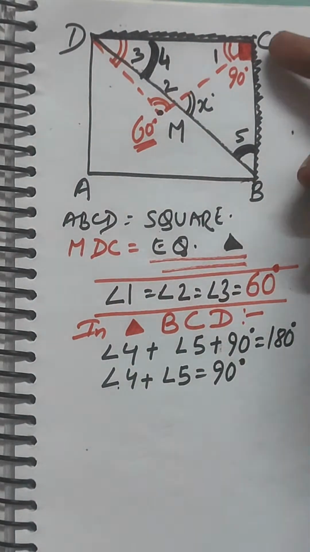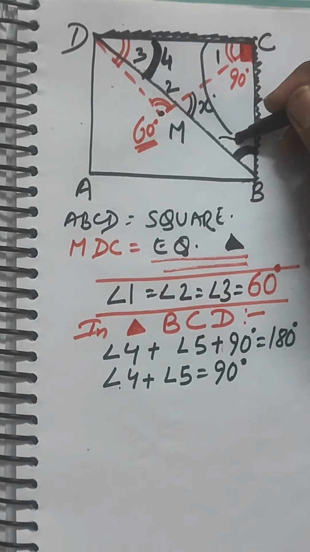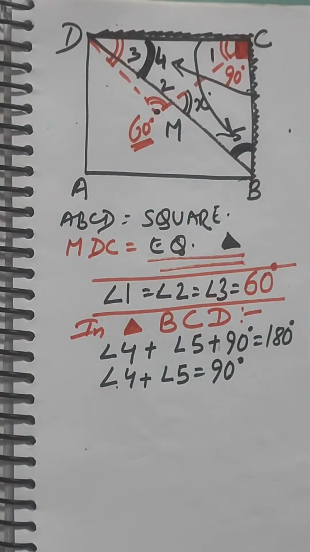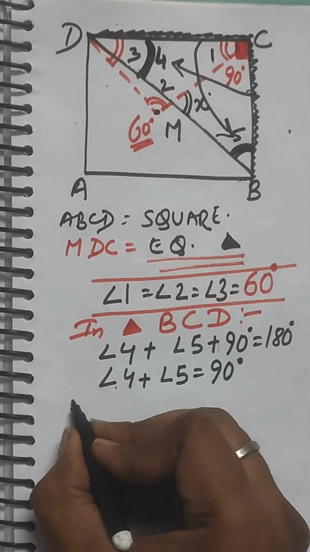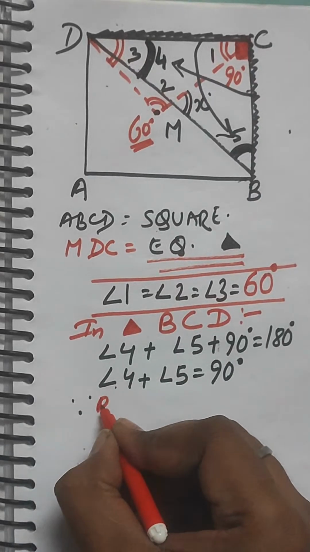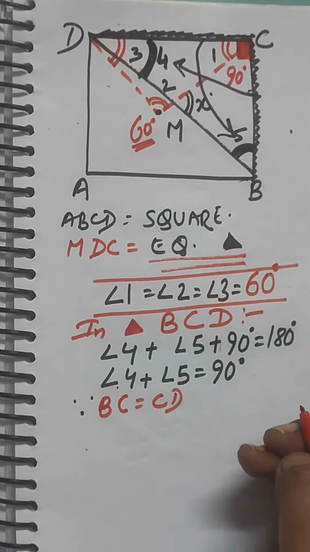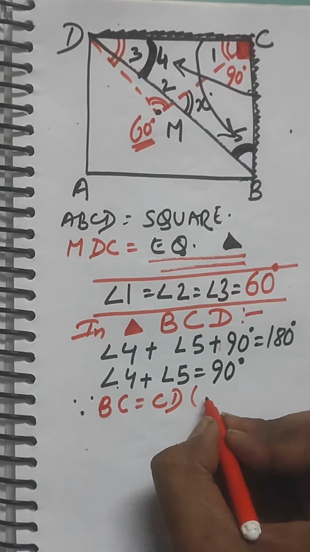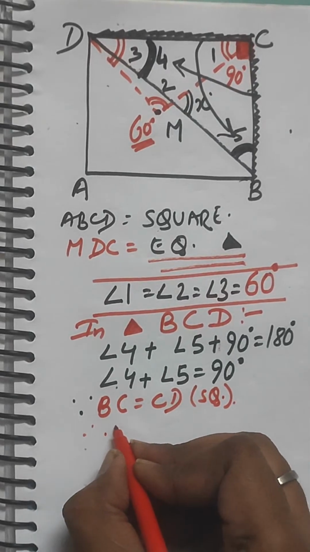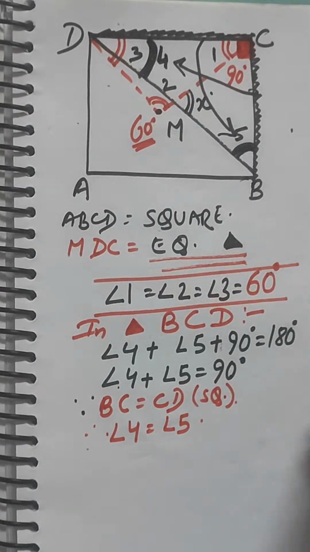Since BC is equal to CD, as these are sides of a square, angle 4 is equal to angle 5.